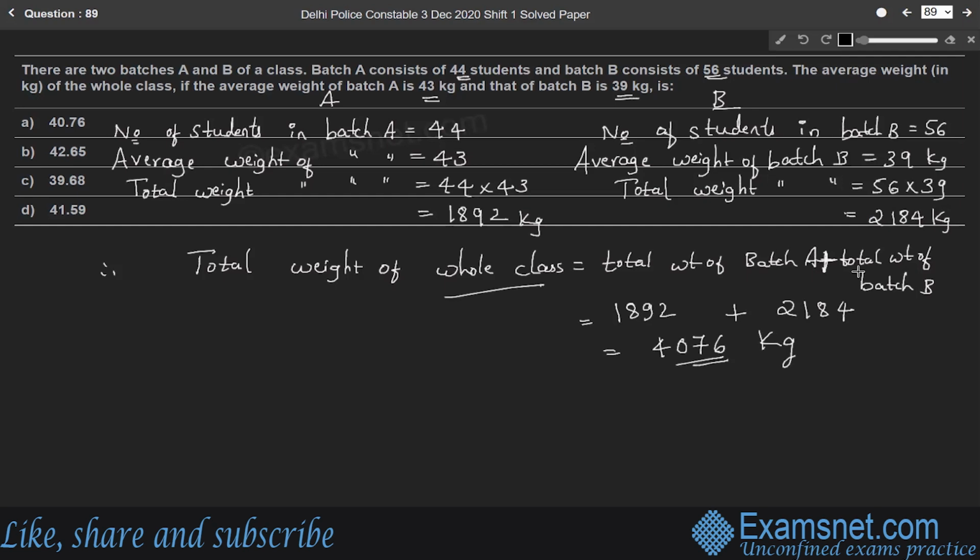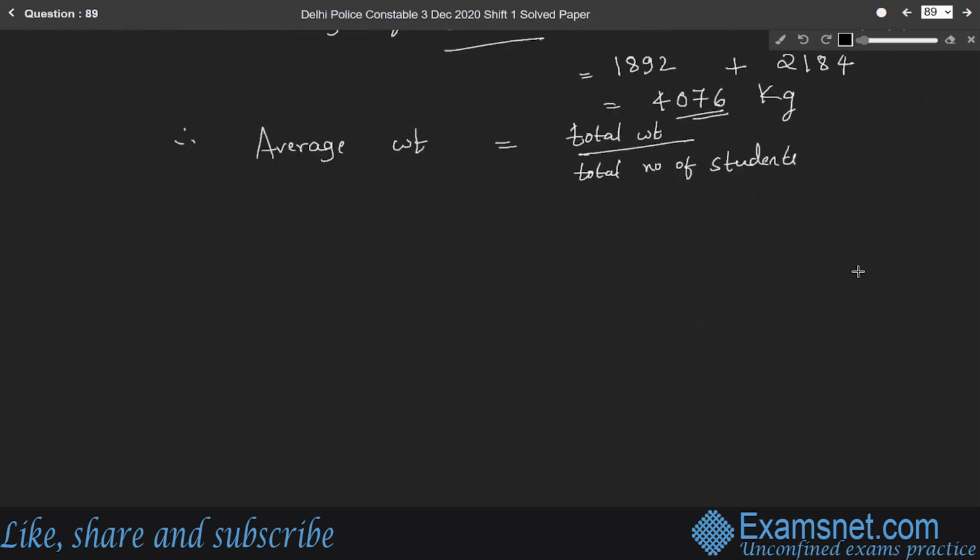What is asked in the question? The average weight of the whole class. Therefore, the average weight of the whole class is total weight divided by total number of students. What is the total weight of the whole class? It is 4076.